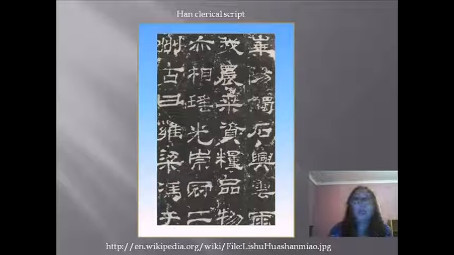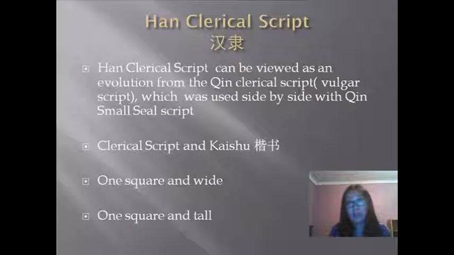It is not that much difference. That is to say that the Chinese writing system from the Han clerical script used during the Han Dynasty, that was around 100 BC, until today, that was 2000 years after, it didn't experience much difference over the 2000 years.